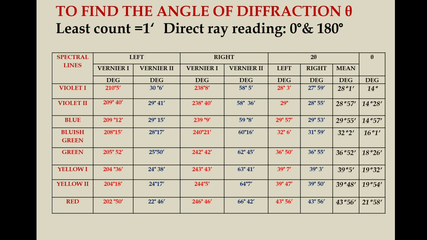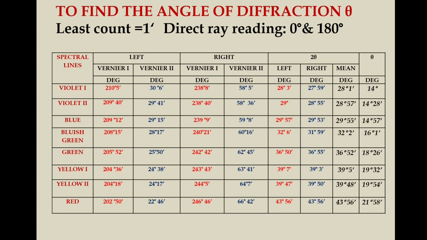For the violet one, 28 degree 3 minutes plus 27 degree 59 minutes divided by 2 will give you 28 degree 1 minute. Next reading, 29 degree plus 28 degree 55 minutes divided by 2 will give you 28 degree 57 minutes. In the same way, let us calculate the mean of 2 theta till red.